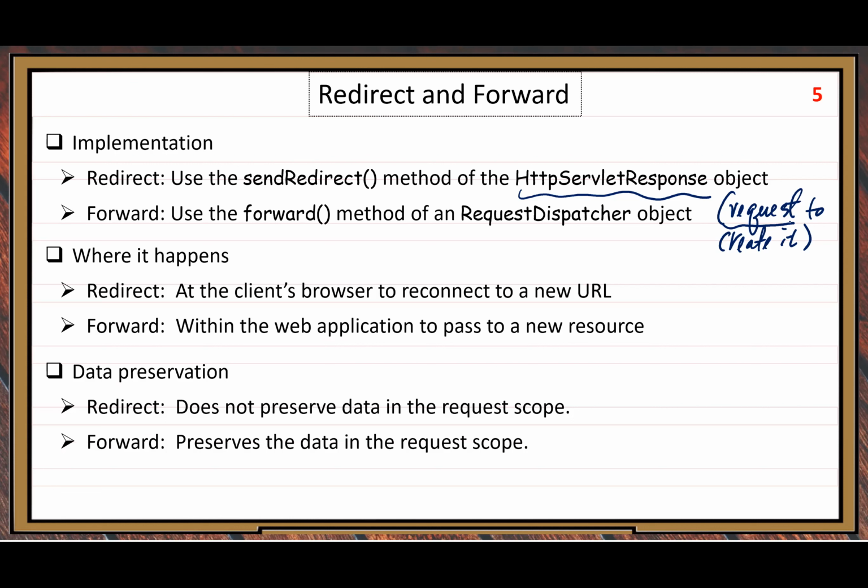Forward preserves the data in the request scope, because it stays in the same request scope. So you can still use the data stored in the current request scope. This is the key property, the key difference.